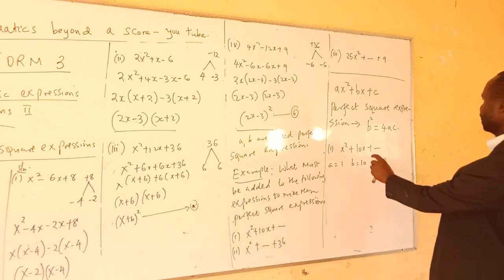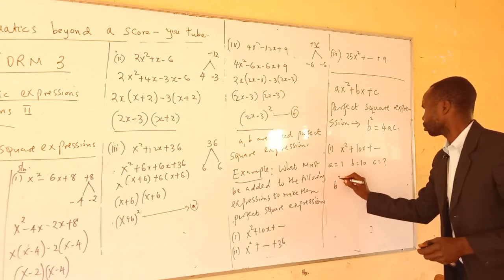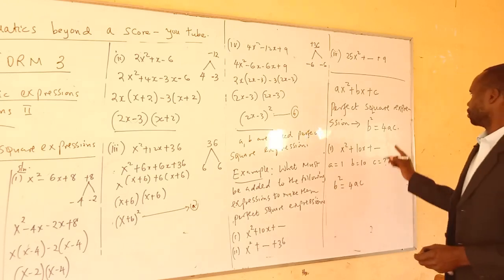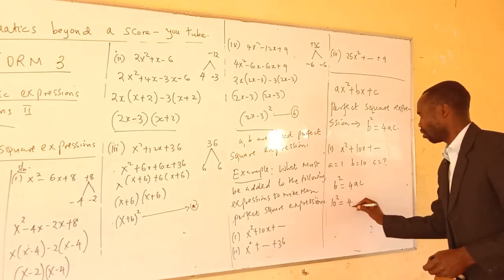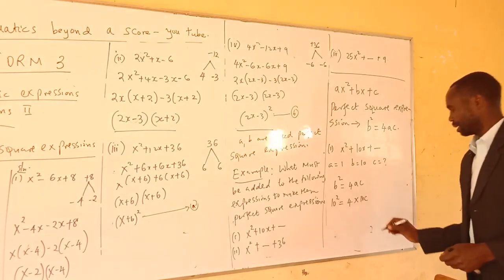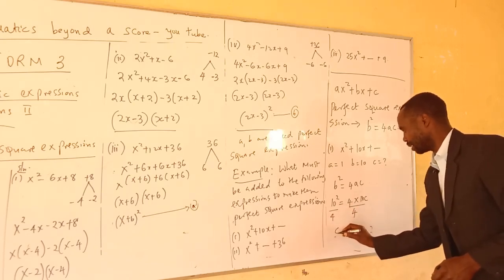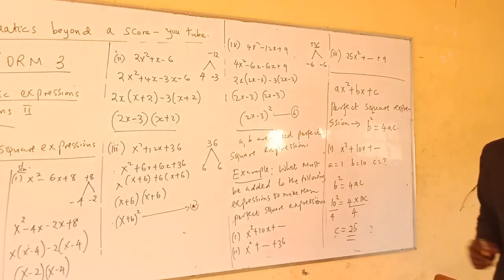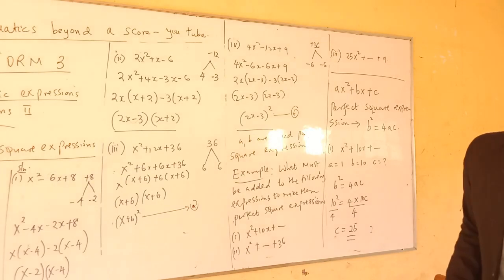Placing in b squared equals 4ac, 10 squared equals 4 multiplied by 1 multiplied by C. Divide by 4, C equals 25. So 25 is the one to be added to make it a perfect square.